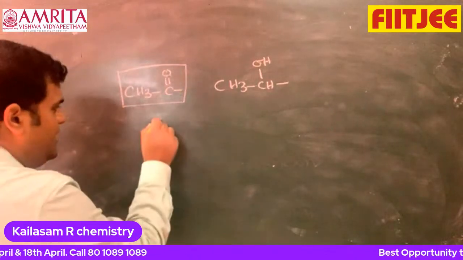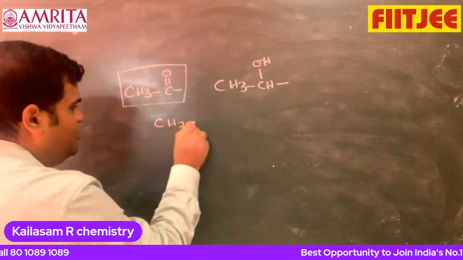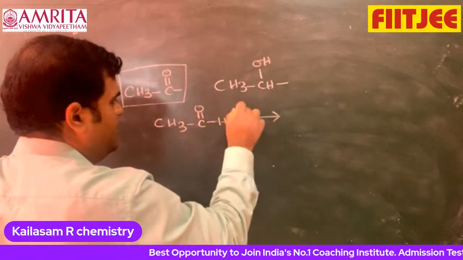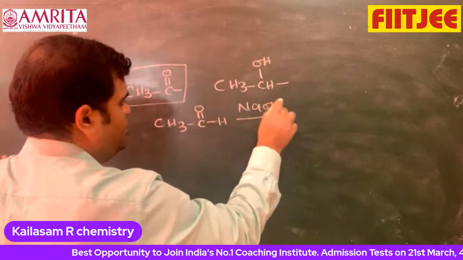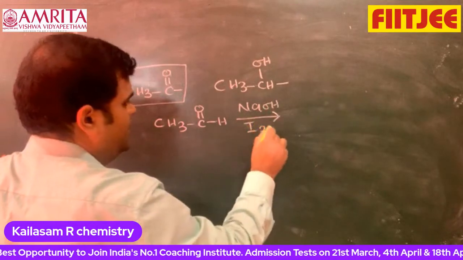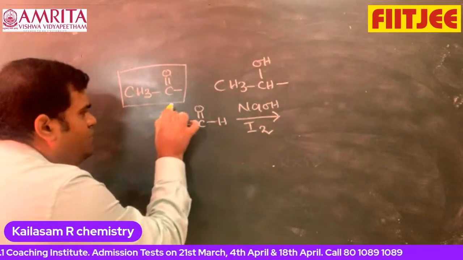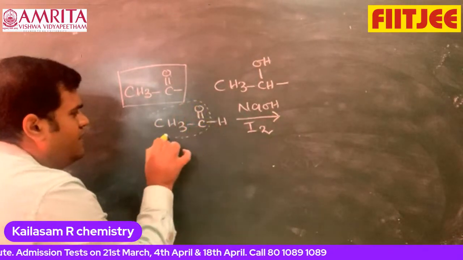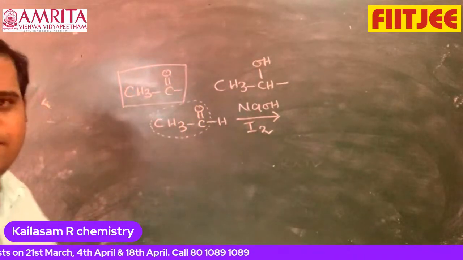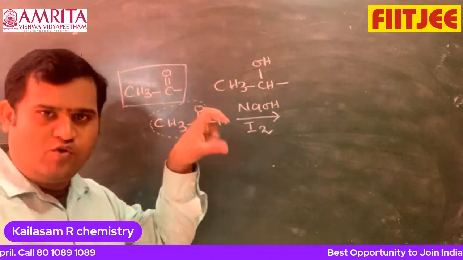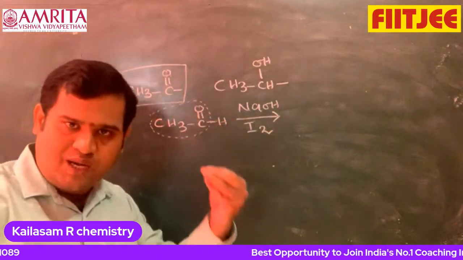We'll go with what the iodoform reaction is. Look at this. CH3-C=O-H, I'm using NaOH, I2. I'll give you a simple logic for this one. We should find out, yes, the group is present. So NaOH is a base. What is the role of base? Base is going to abstract the proton.